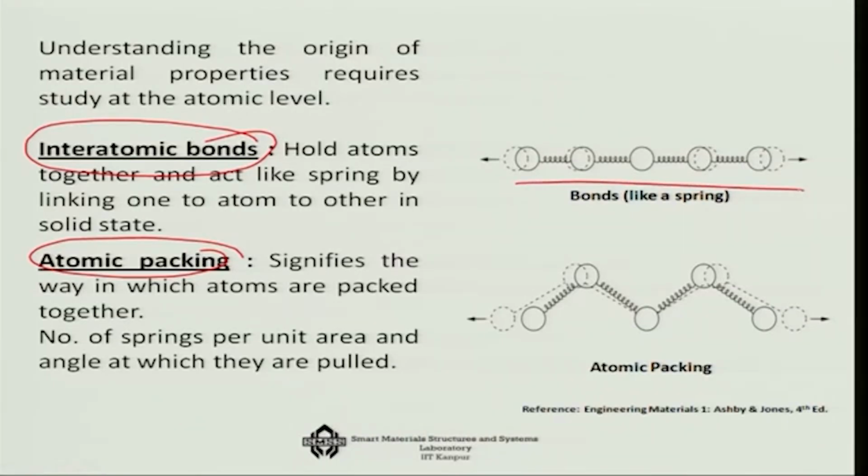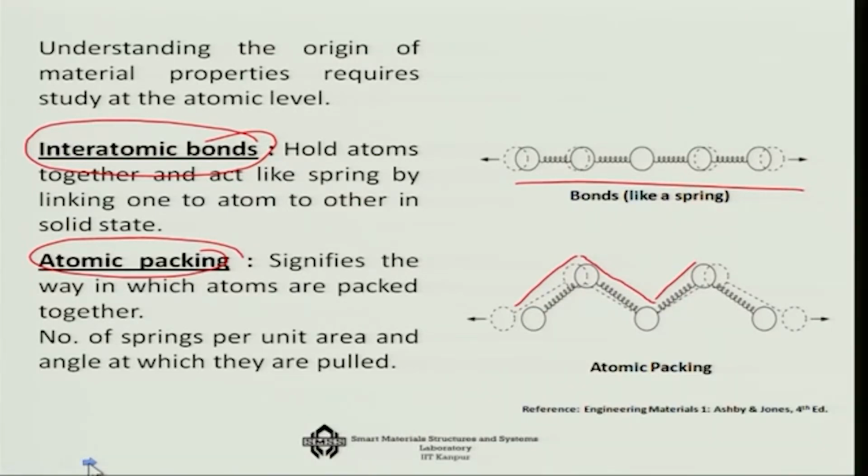Depending on the atomic packing, we will see more of these various types of possible atomic packing. So, we will discuss the crystal structure, but depending on the atomic packing there is directionality that will come in these springs, and that also affects the material properties of the system.